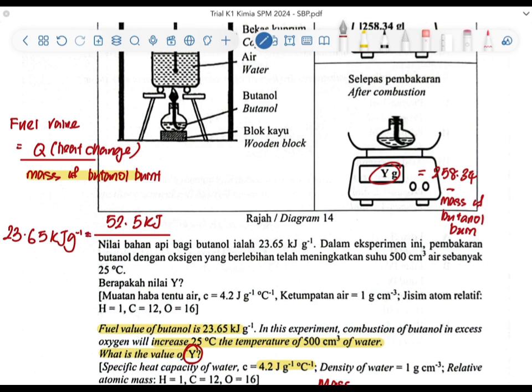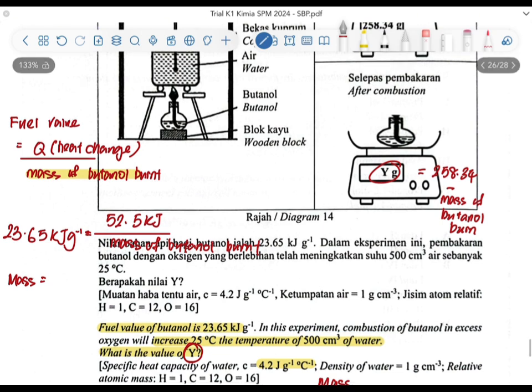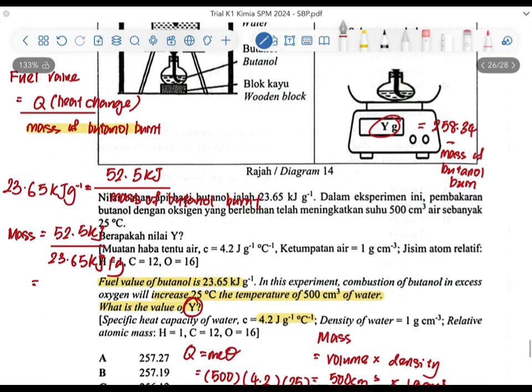The bottom part will be the mass of the butanol burnt. I write it short, but you need to know it is not like that. So 52.5 kilojoule divided by 23.65 kilojoule per gram gives approximately 2.22 gram.